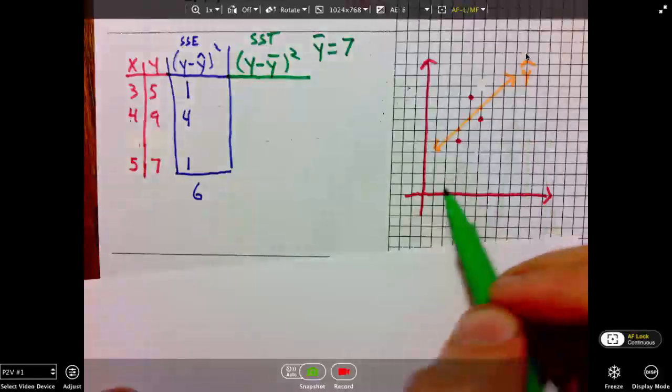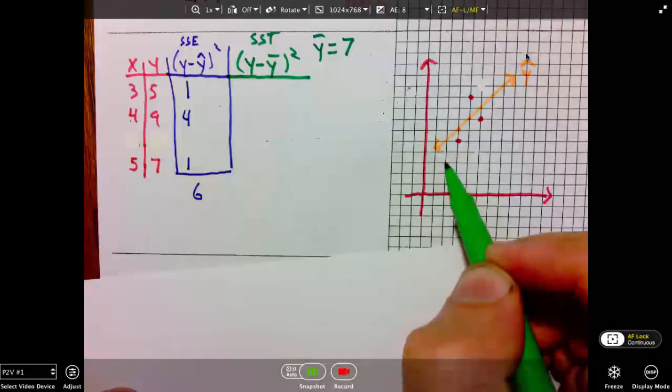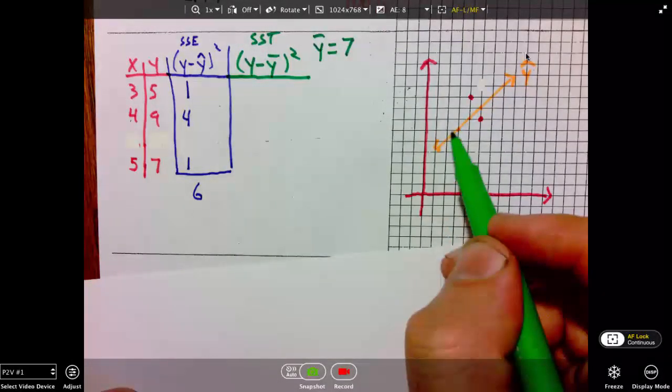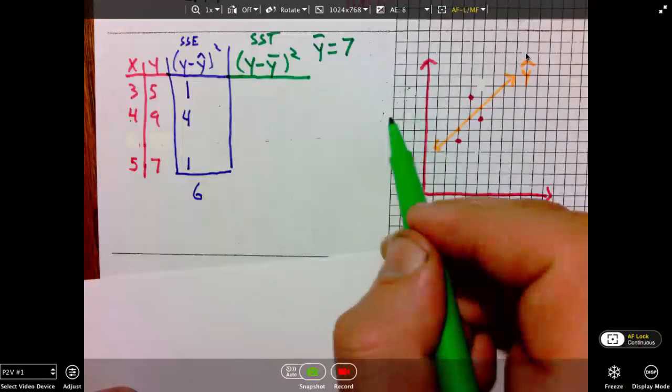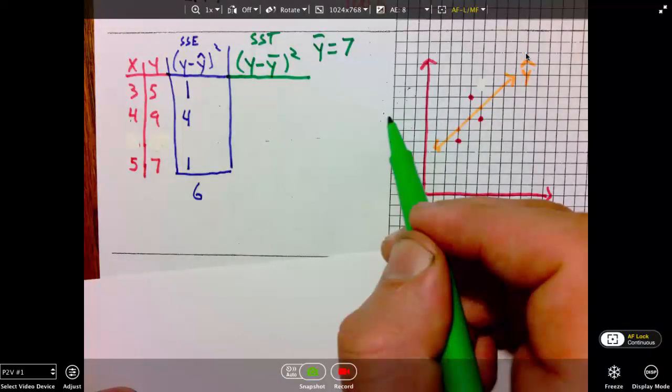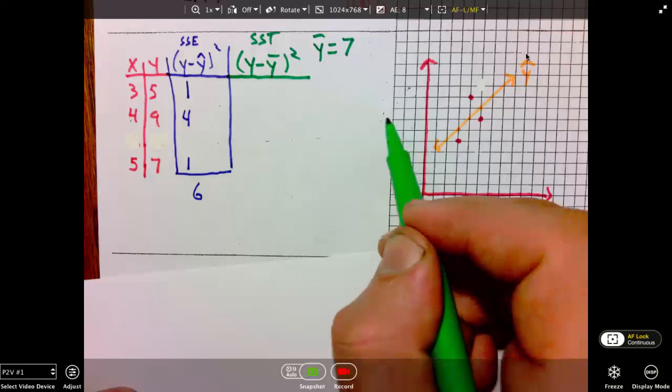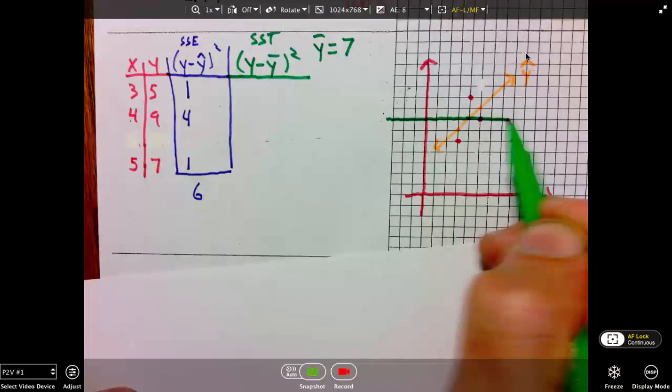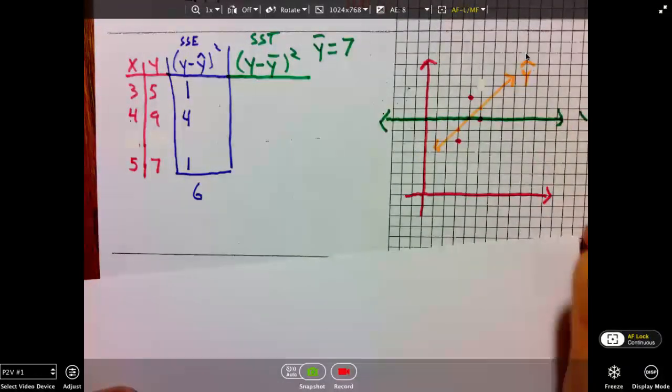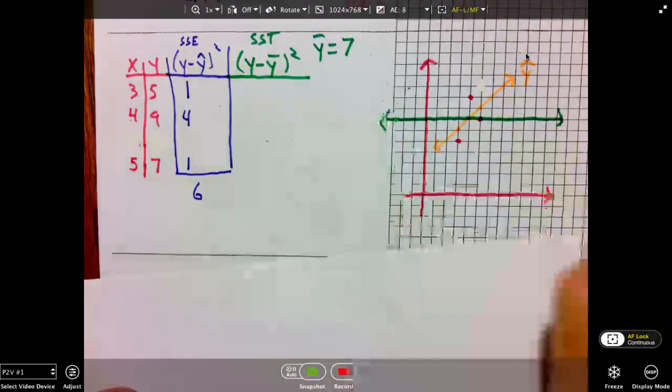Let me draw that line in. 1, 2, 3, 4, 5, 6, 7, right here. This is essentially the worst possible reasonable guess. This is the line. Y is 7. We say y bar is 7. It's our mean y.